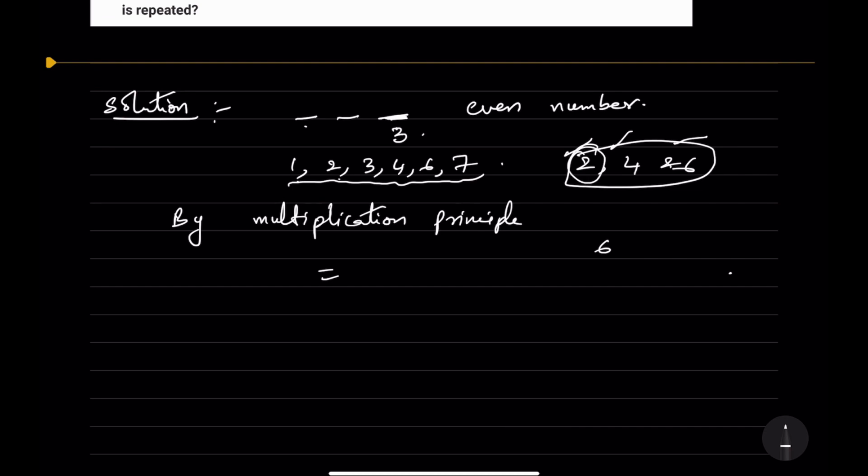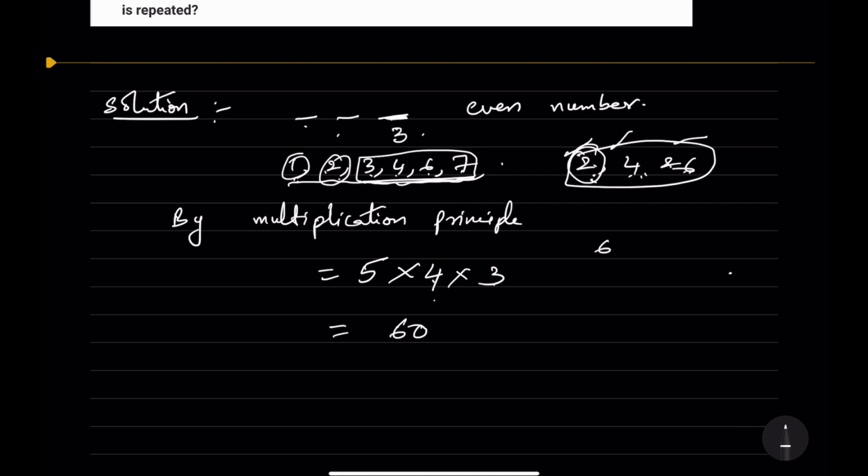Suppose you use 2, then you can use 1, 2, 3, 4, 5, isn't it? So it is 5. The next can be done in 4 ways, because one is already filled. The other digits left are 4, so the second digit can be filled in 4 ways. The third digit has to be only 2, 4 or 6, so it can be done in 3 ways.